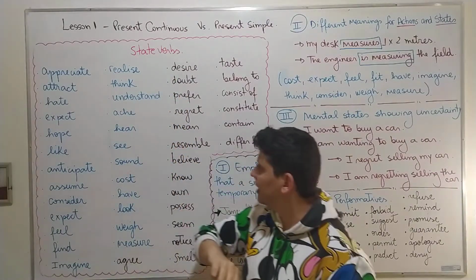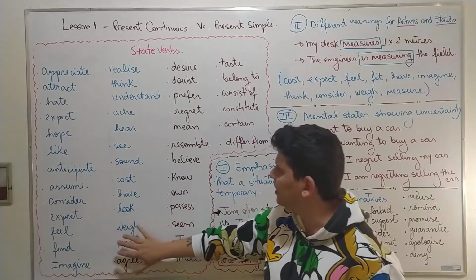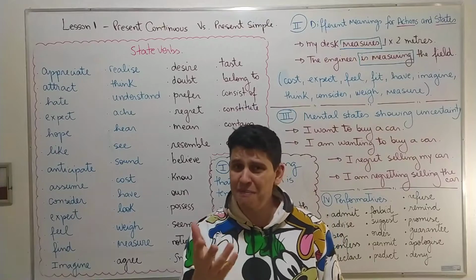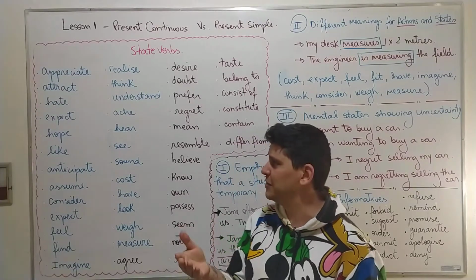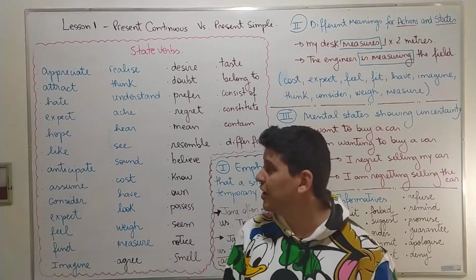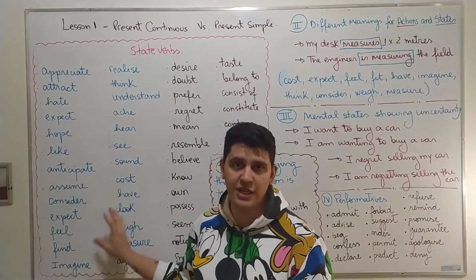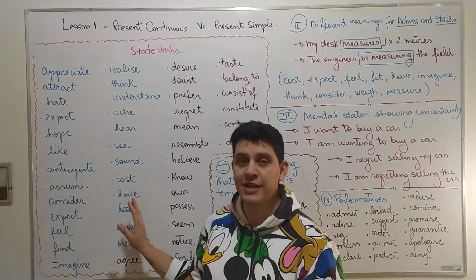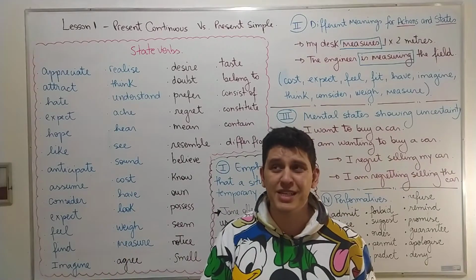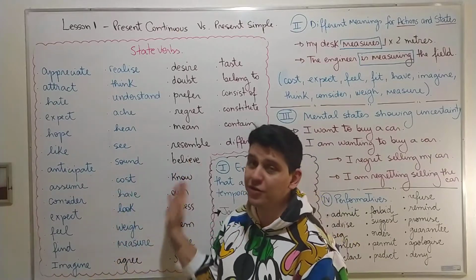Okay? And I've written them here in two different colors because even though many of you have studied English for some time now, probably you have already heard a teacher explaining to you that these verbs do not go to continuous forms. And that's quite understandable because that's what we do with more basic and with more intermediate students because we do not have much time to explain all of this.